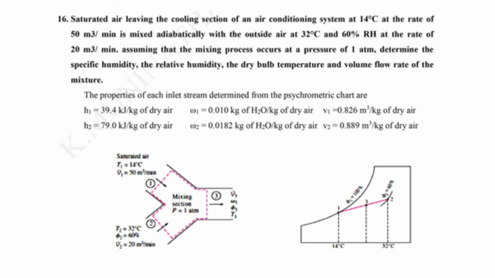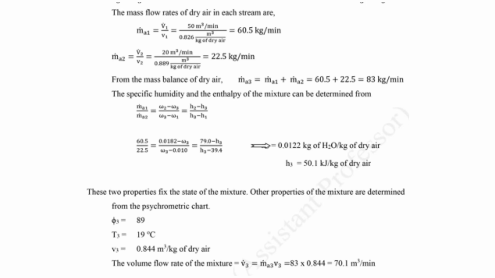This is the outlet of the air exit port. On the right hand side you can see the psychrometric chart where we can find the required values like h1, h2, v1, v2, omega 1 and omega 2.